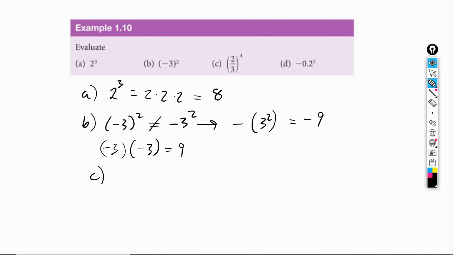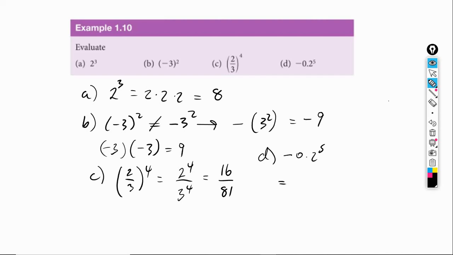For C, we have 2/3 to the power of 4, and that's just going to be 2 to the 4 over 3 to the 4, or 16 over 81. Now we have example D, and it says, what is minus 0.2 to the power of 5?